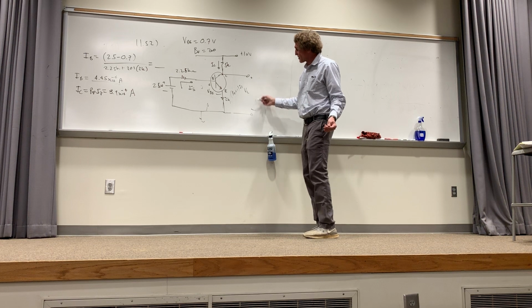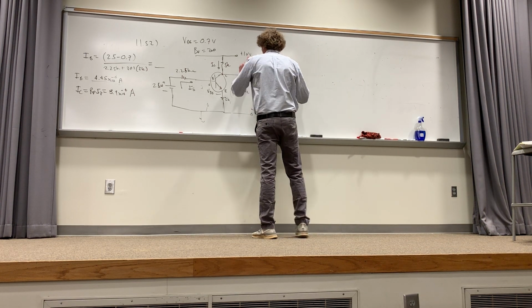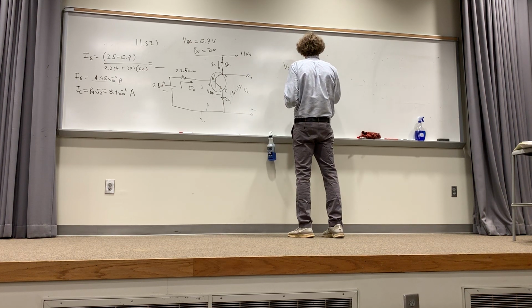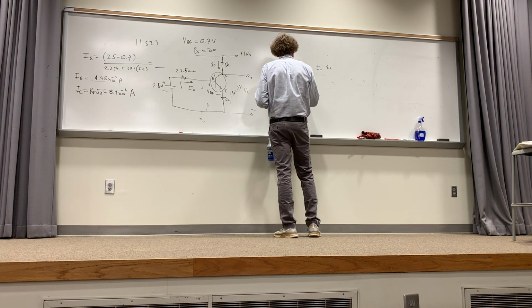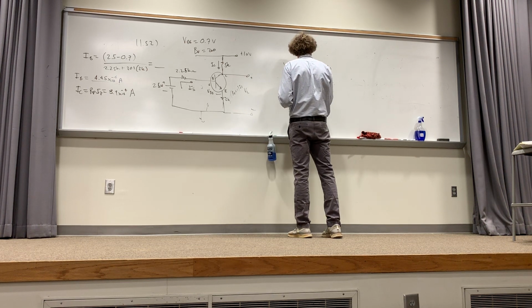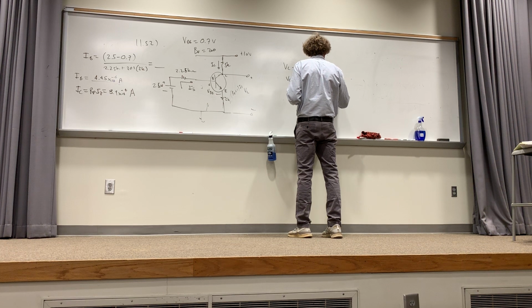Because I'm going from here to ground, not across the collector to emitter. So V collector here is going to be 10 minus IC times RC. I'm going to just leave it as IC, times 5,000. So what do you get for that, anyone?